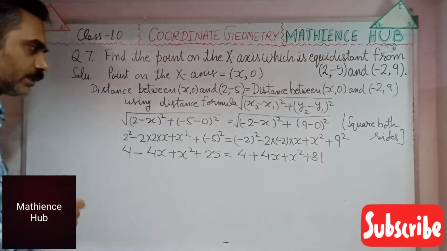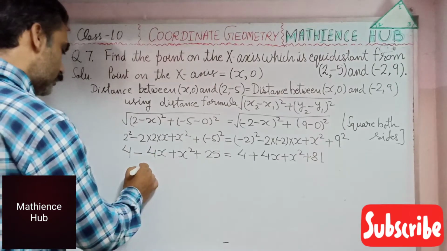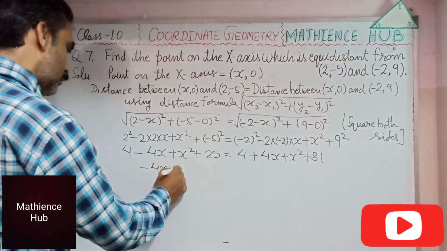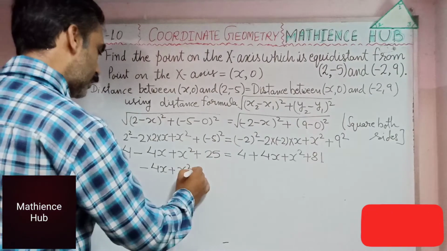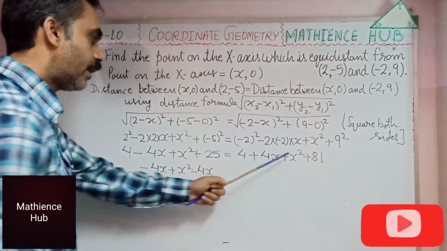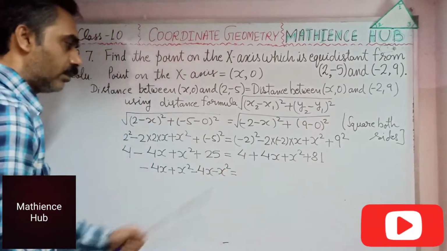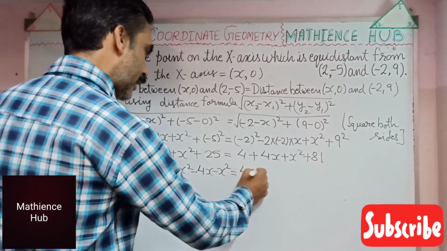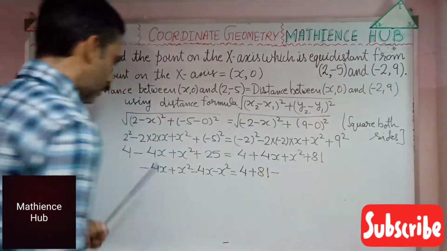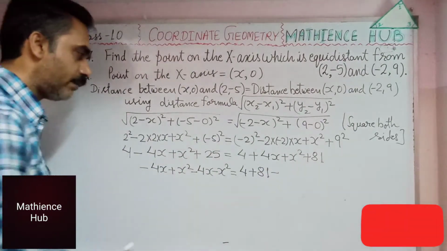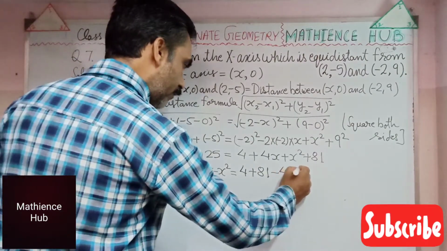Now all the variables put on this side: minus 4x plus x square. Here plus 4x comes to this side as minus 4x, x square comes this side as minus x square. Here 4 plus 81, plus 4 goes to the right hand side as minus 4, plus 25 goes to the right hand side as minus 25.